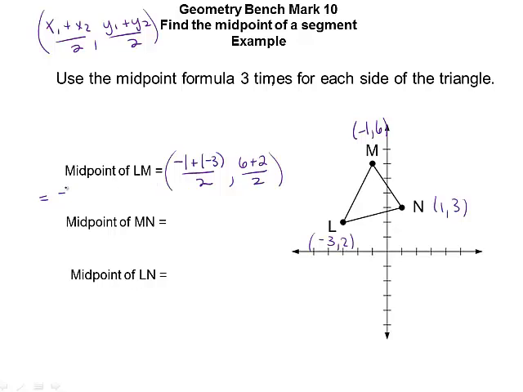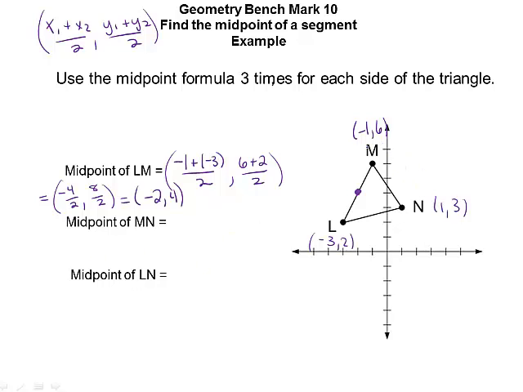So that's negative 4 and 8. So the midpoint is negative 2, 4. And you can kind of check. You can go negative 2 and then up 4, and you can see that's on the line, and it looks about the middle of it, so probably right. If you got like 2, 4, you'd be way over here, and you'd see that it wouldn't fit.